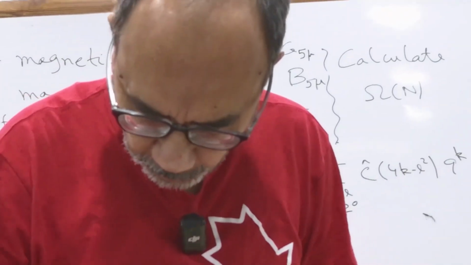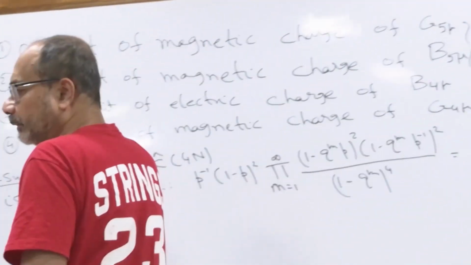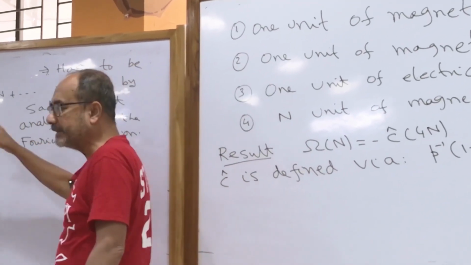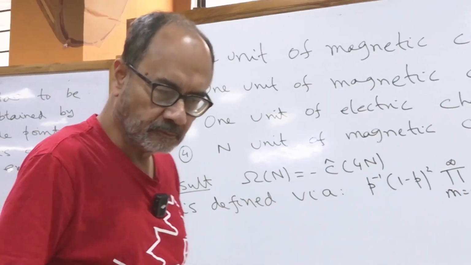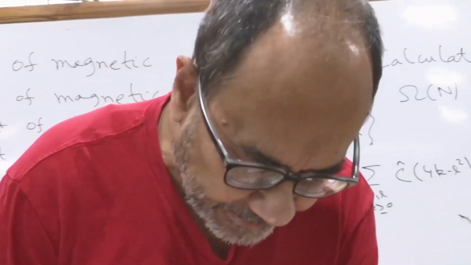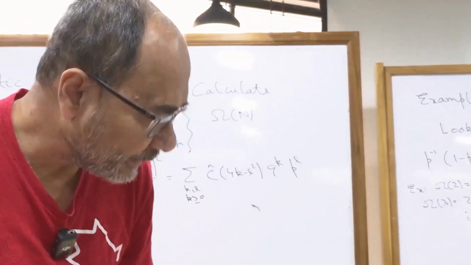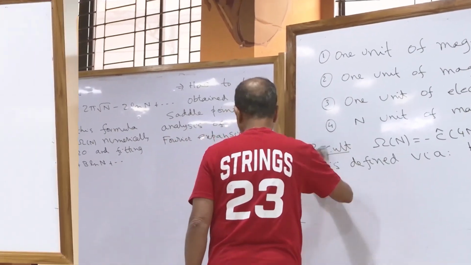This will also convince you that these saddle point methods, which look formal, really capture how these actual coefficients go. So this is as much as I'll say about the microscopic counting. And now I'll come back to black holes again.